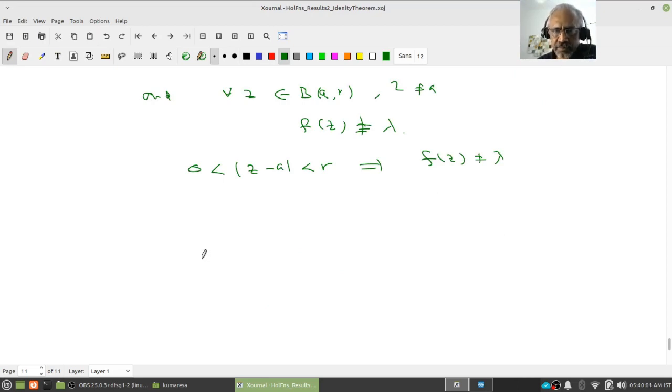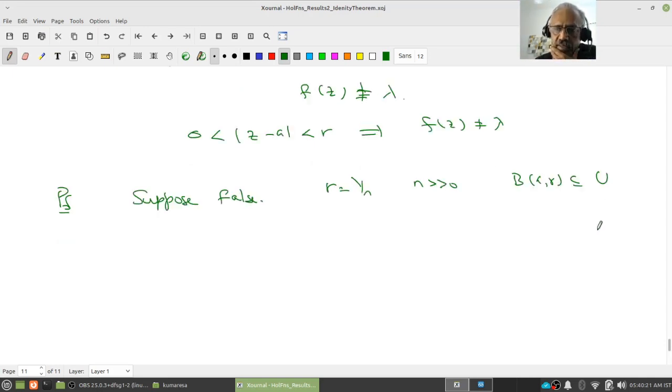The proof is easy. Suppose false. So I can take r equal to something like 1 by n for n sufficiently large. Therefore the ball will be contained in my U. So suppose false. That means on the ball of radius 1 by n there exists some zn such that zn is different from a, and such that f of zn is lambda.